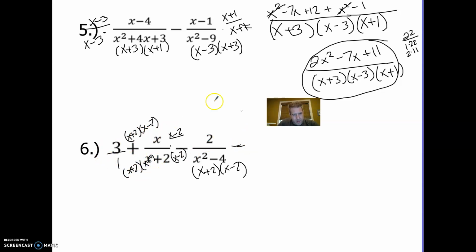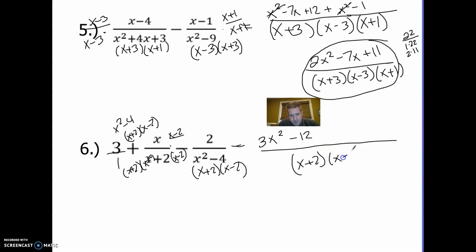All right, so that's going to give me 3 times x plus 2 times x minus 2, added to this. So this is the same thing as x squared minus 4. That's going to make this a little bit easier. So that's 3x squared minus 12, over x plus 2 times x minus 2.